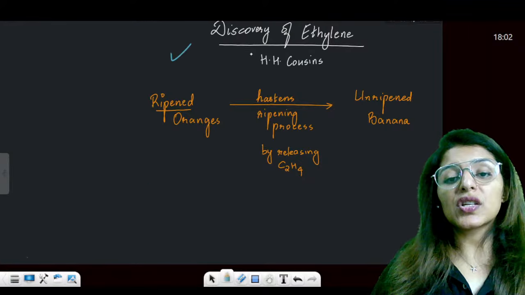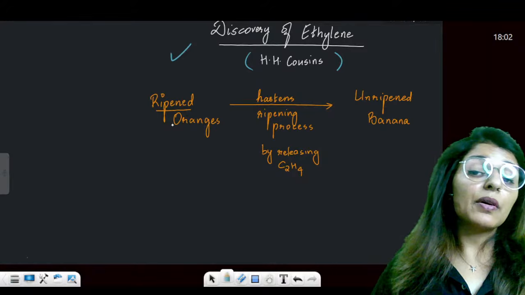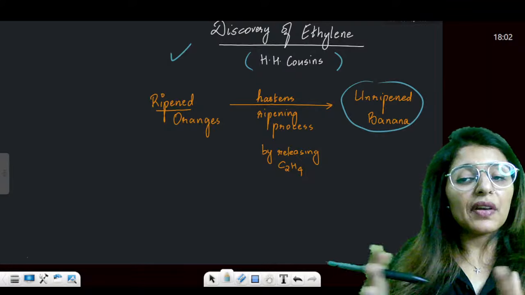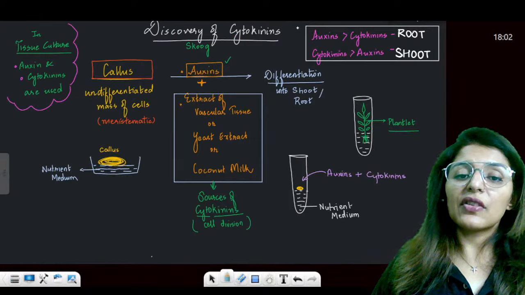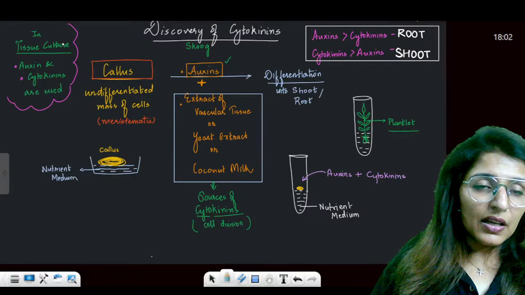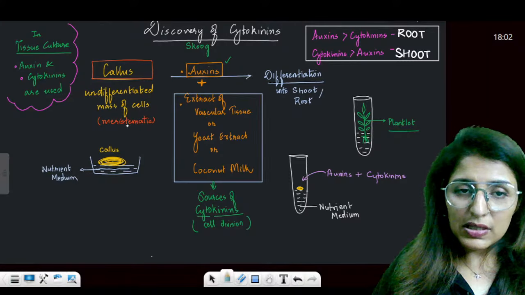I already told you H.H. Cousins made the discovery of ethylene: if ripened oranges are kept near unripened bananas, then the process of ripening is hastened. Then the discovery of cytokinins. How was it made? A callus, or undifferentiated mass of cells, was taken.